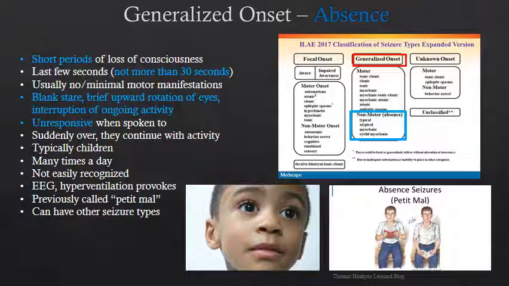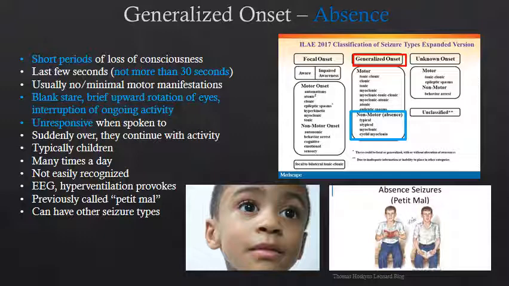They are usually provoked by hyperventilation. Absence seizures were previously called petit mal, but we no longer use the term because it is very nonspecific. A child with absence seizures may have only absence seizures or can also present with other types of seizures.